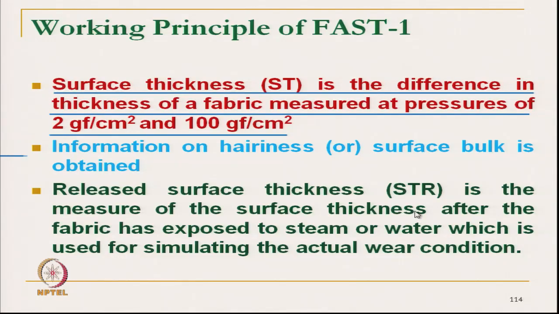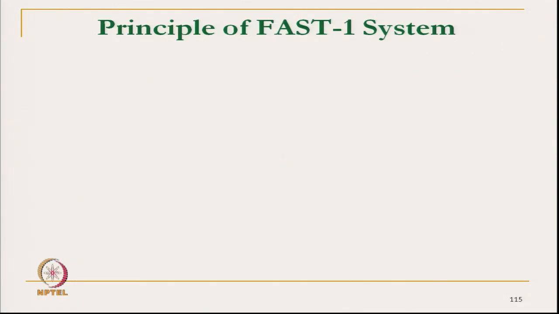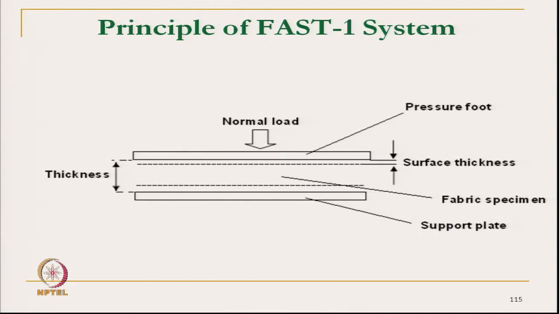So, this is the surface thickness and released surface thickness as we have discussed, and let us try to see the principle. It is very simple. This is the support, here is the fabric sample, and this is the pressure foot, and this thickness gauge will give us an idea about the thickness.